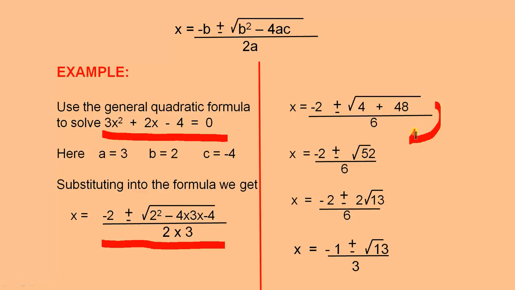So from here to here, we have minus 2 plus or minus the square root of 52, over 6. The square root of 52 is actually 2 root 13. Divide top and bottom by 2, and that gives us minus 1 plus or minus the square root of 13, over 3. And that is the answer to the quadratic equation.